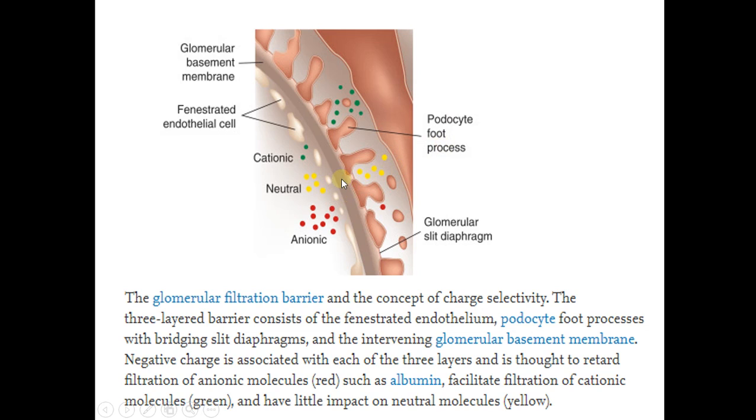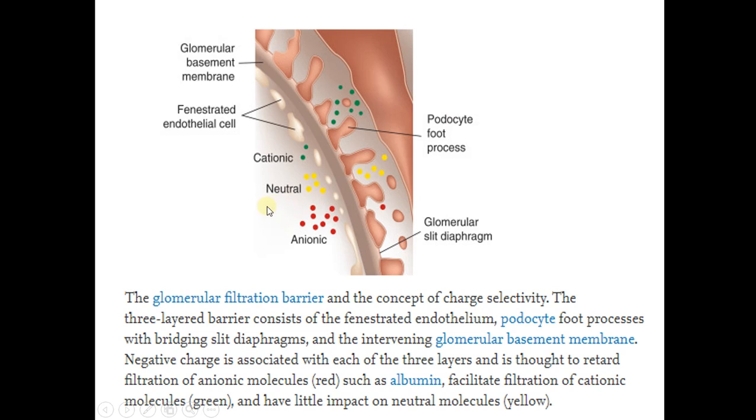However, if it becomes damaged, then proteins and in severe damage, even cells, will pass this barrier and enter into the filtrate and appear in urine. Normally, only small molecules like sodium and water are filtered. But proteins and cells are not filtered through the glomerular basement membrane.